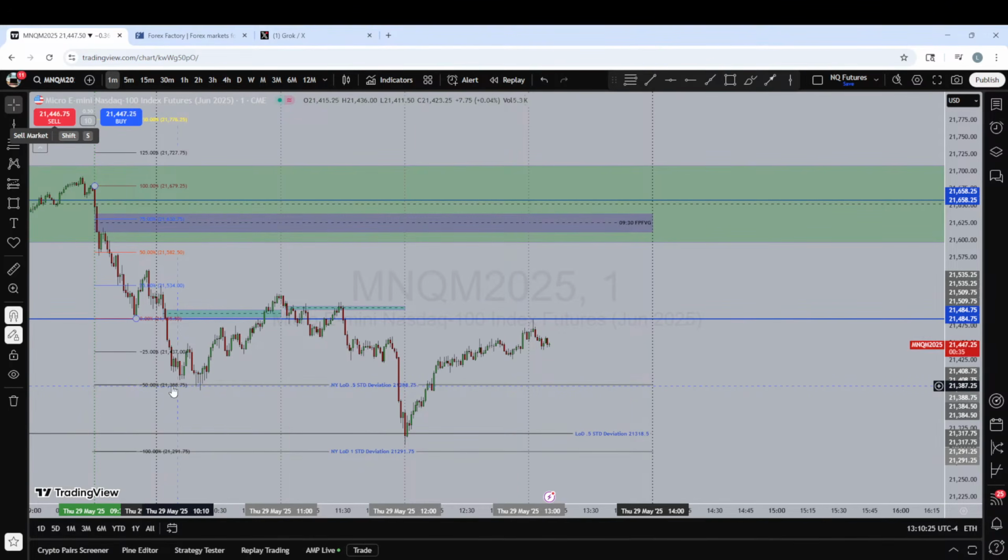Okay, it hits the 0.5 for New York session, low of day. Okay, initially, and then it retraces. Then it drops back down. It doesn't hit the New York low of day at 1 standard deviation because it hits the low of day 0.5 standard deviation for the day.